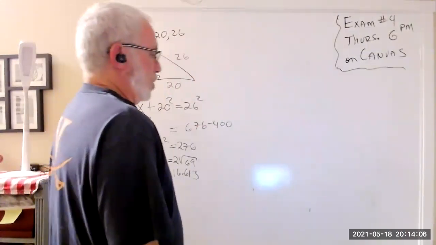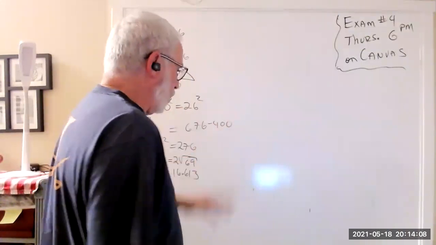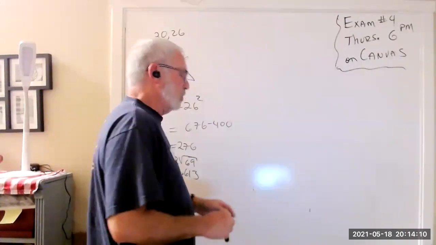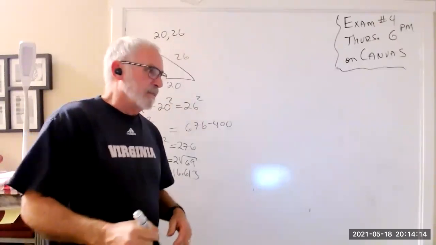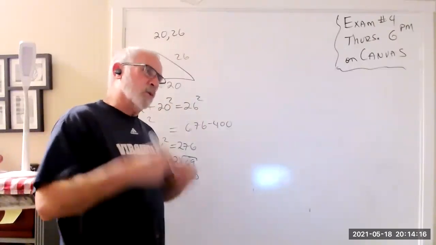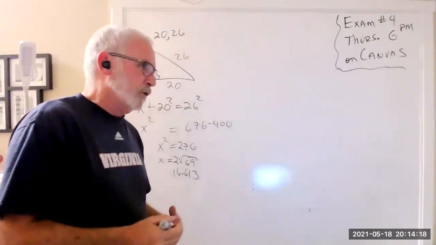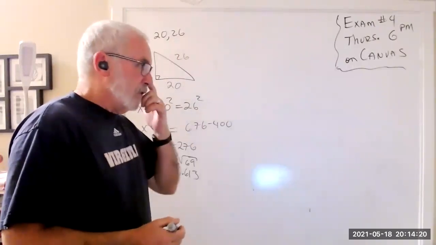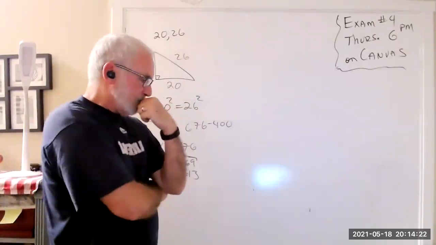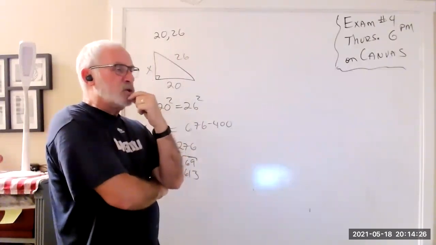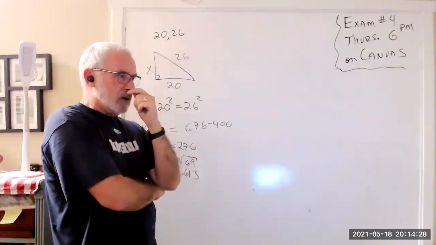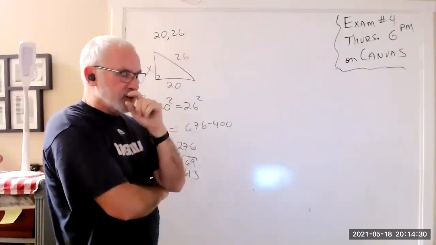That's not a dumb question. That's actually a real subtle question. The sum of any two sides of a triangle has to be bigger than the third side.